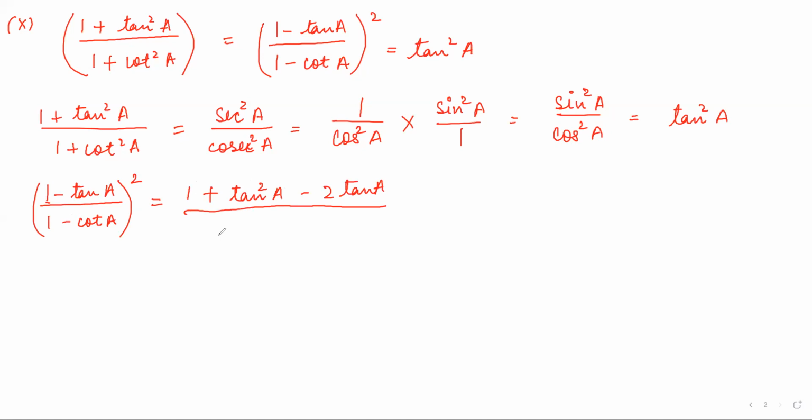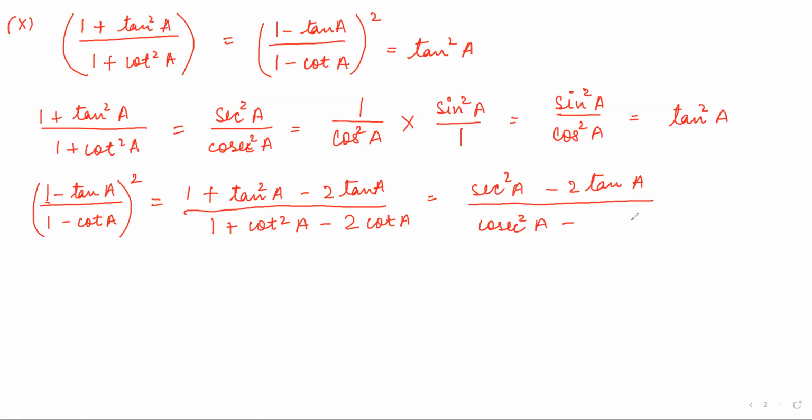Divided by 1 plus cot square A minus 2 cot A, correct? Now 1 plus tan square A, I can use sec square A minus 2 tan A. I think it would be better if we directly convert it and call that the first step. Anyway, I'll do it now. 1 plus cot square A is cosec square A minus 2 cot A, right?